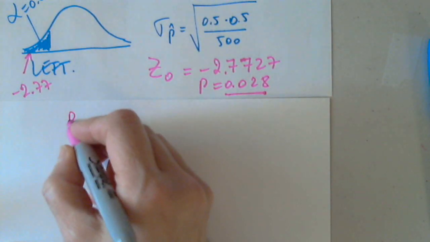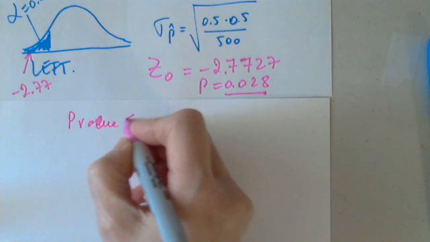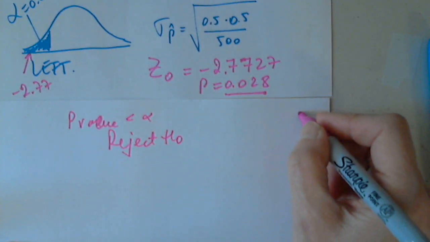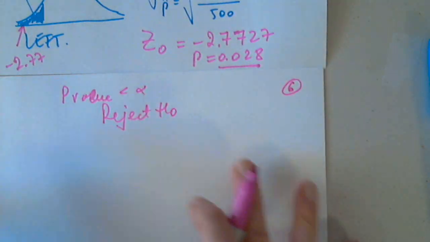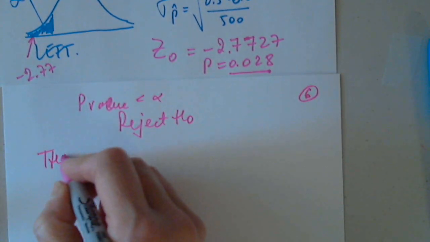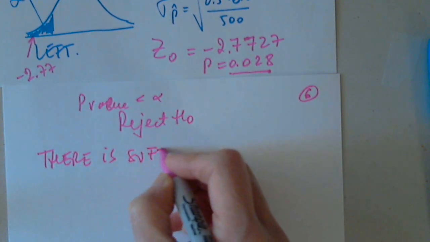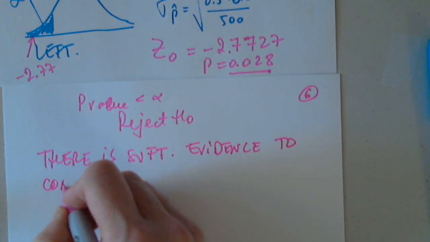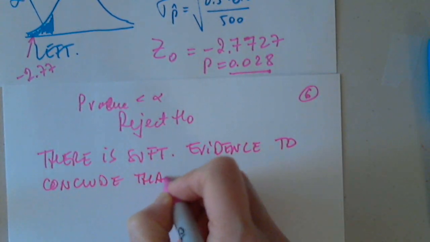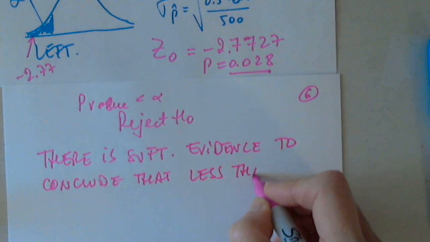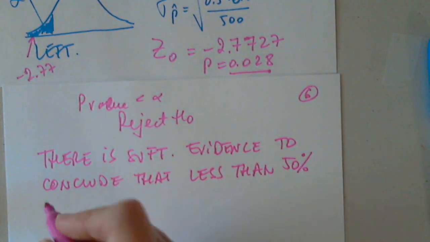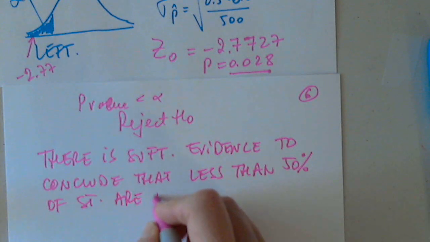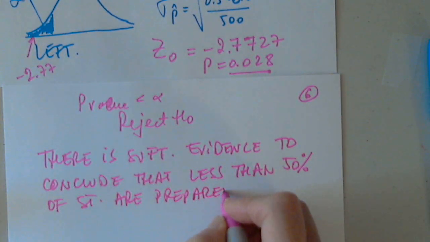So p-value less than alpha, reject the null hypothesis, and conclude there is sufficient evidence to conclude that less than 50% of students in such and such are prepared for college algebra.